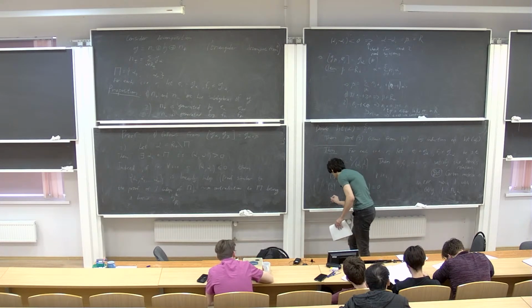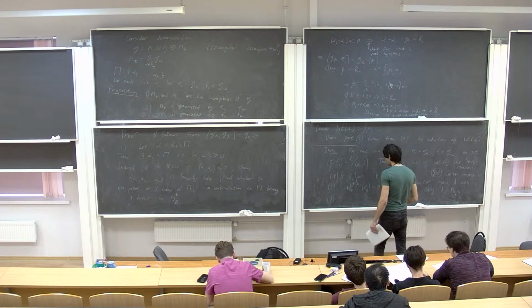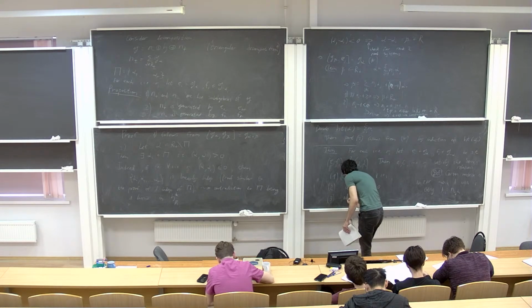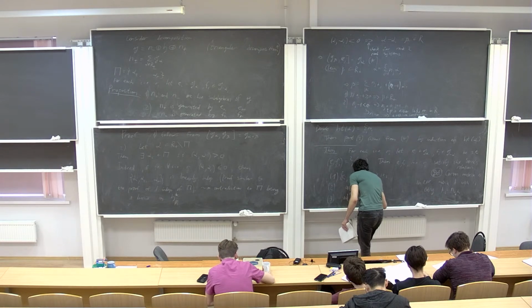Number 3 is that ad F_i to the power 1 minus a_ij applied to F_j is 0.